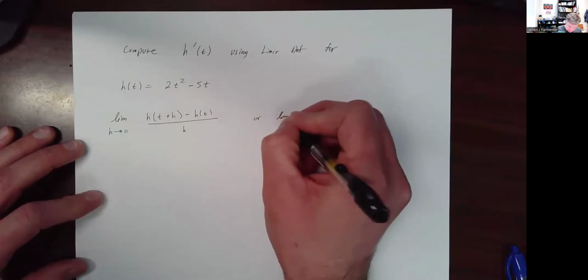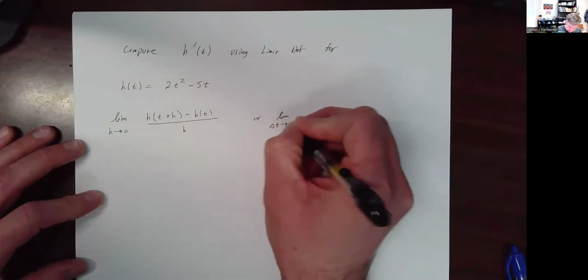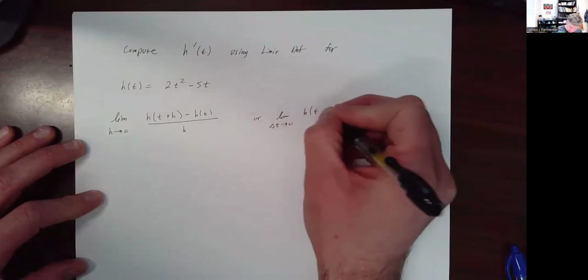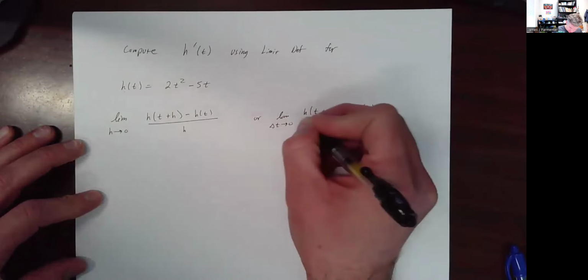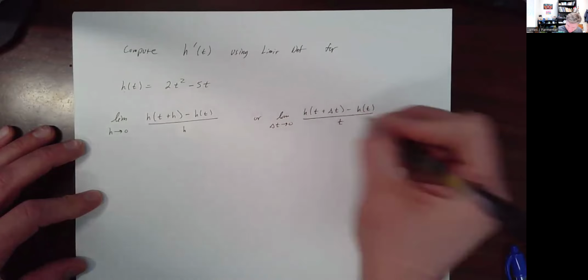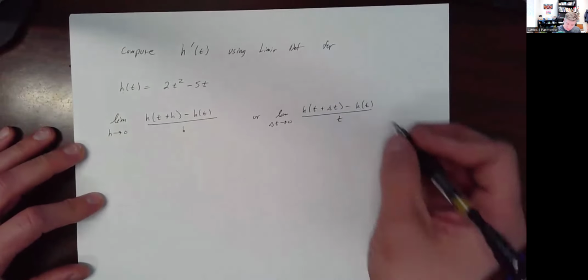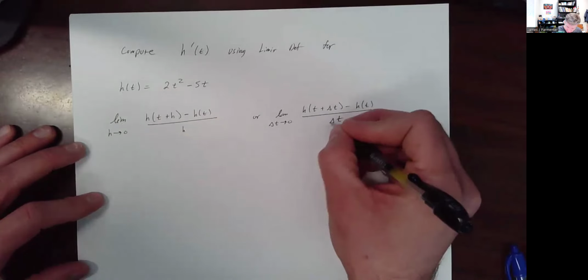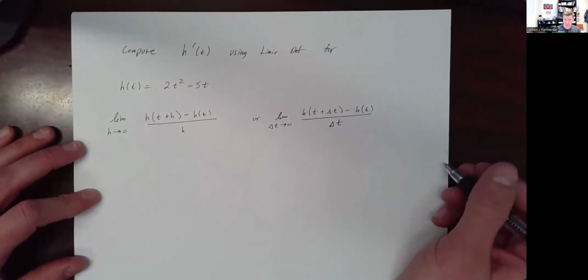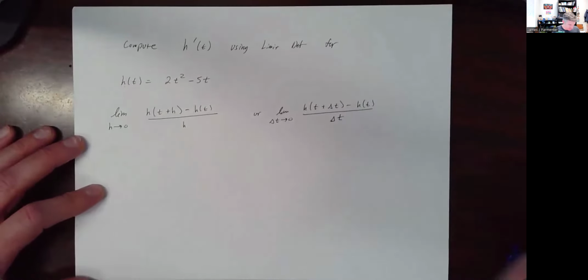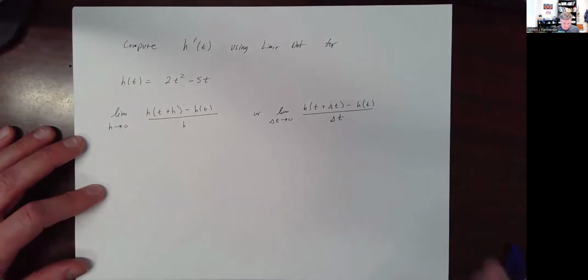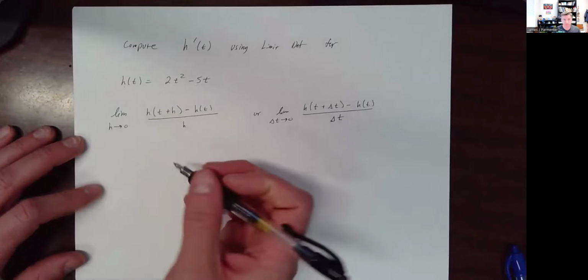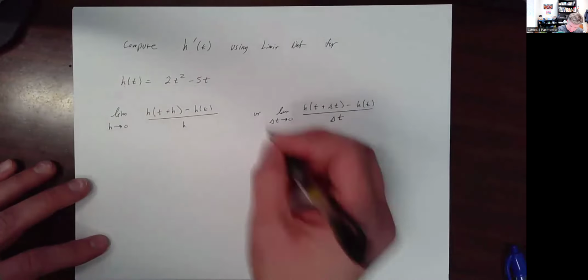The limit as delta t approaches 0 of h of t plus delta t minus h of t, over delta t. Probably a better choice. I don't know what he's going to do in class. But if you're using h typically as a small thing going to 0, it calls attention to h. So we'll do it this way.